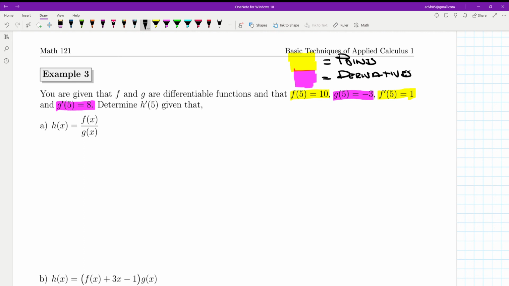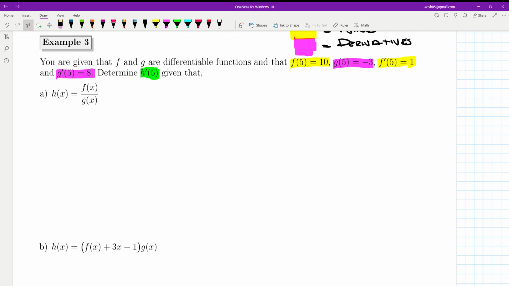So let's use this information to find the derivative of h. So we're going to differentiate h at 5, given that we have the function defined in different forms. In other words, for letter A, notice that we have a quotient of two functions, so f and g are put together into a quotient of the functions.